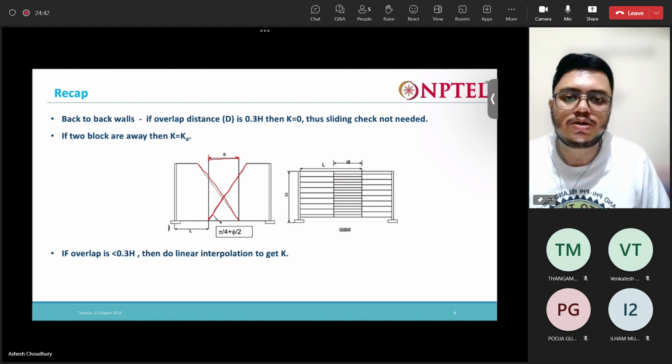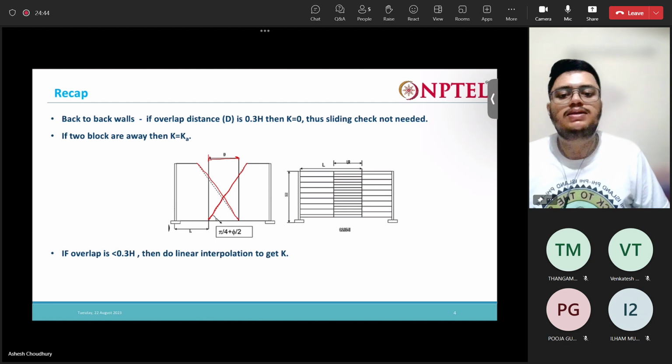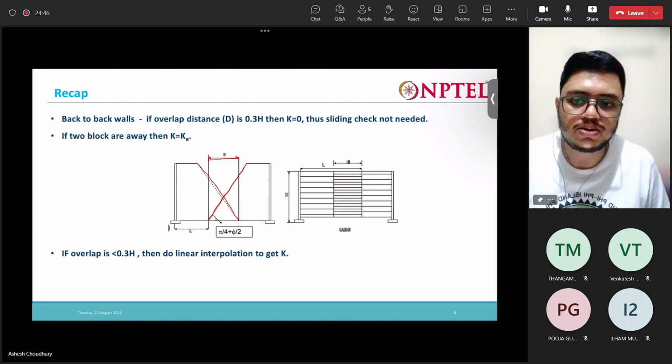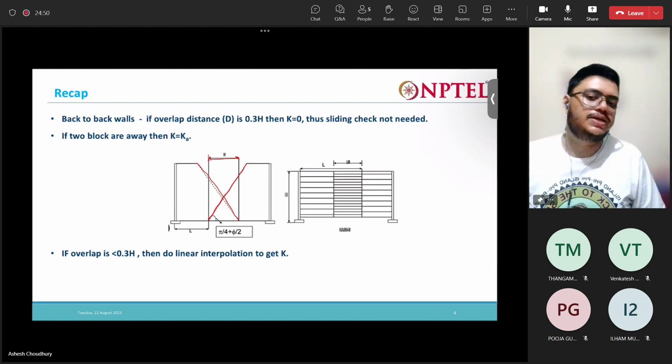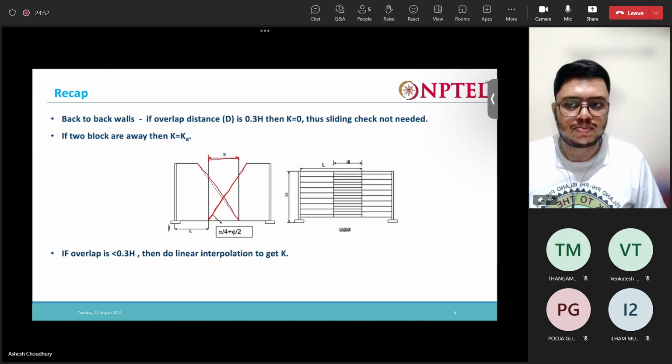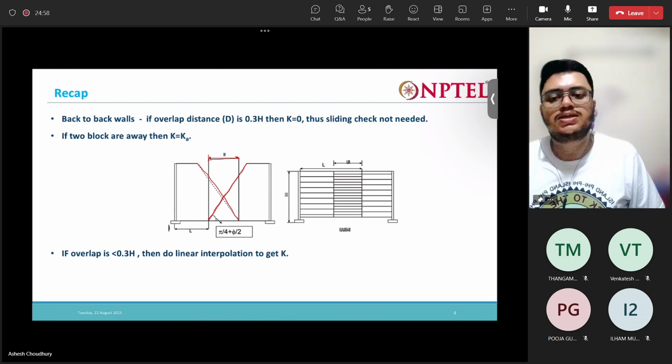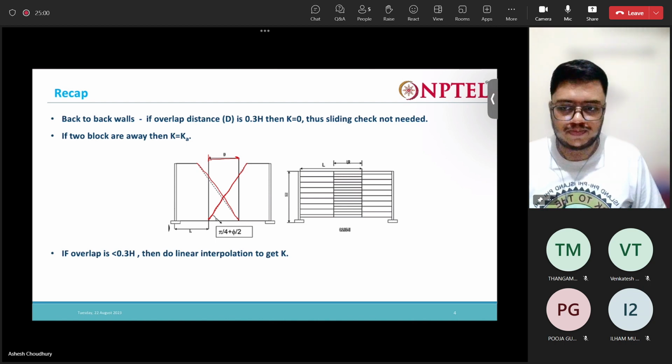then we can take this k, the lateral earth pressure, as 0. Okay, so sliding check is actually not required in that case. And if the two walls are far apart, then we need to take k as k_a.